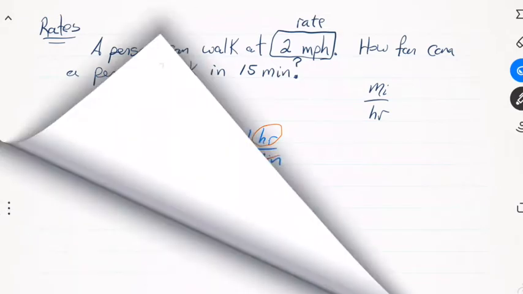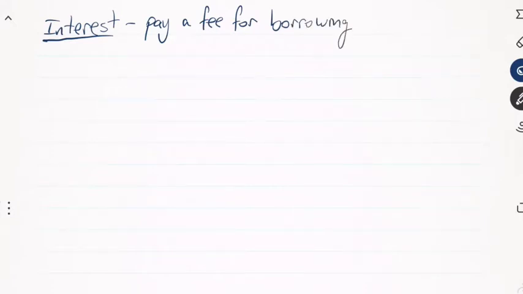So let's talk about interest for a bit. The concept of interest that a bank charges or you earn on a savings account is the idea that you pay a fee or get paid a fee for borrowing, and if you're saving, then it would be for saving money.